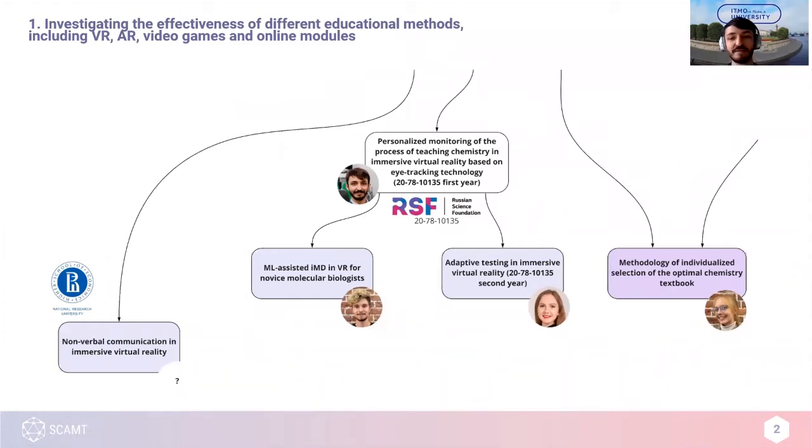So let me dive deep into the first research area that we offer. When we learn or teach or have an education experience, we have different learning environments. And it's always a very good question how you actually create the best learning environment possible for a group of learners.